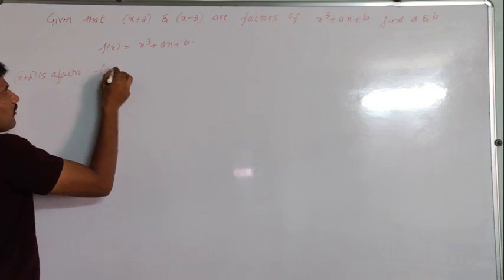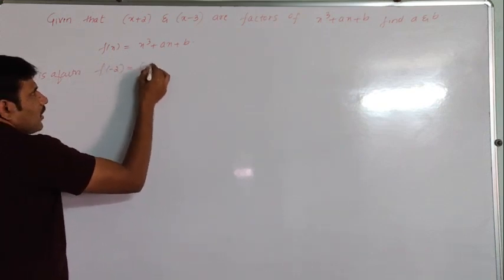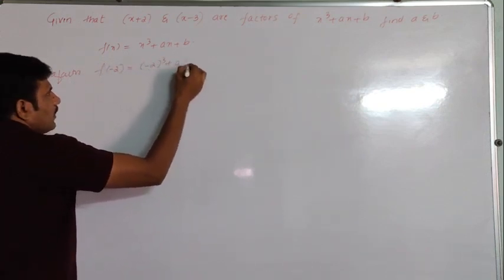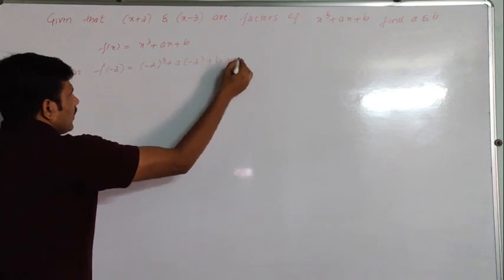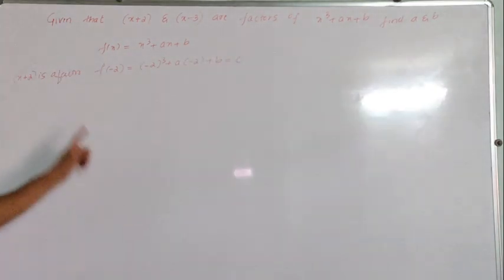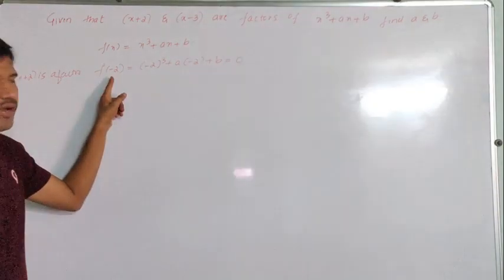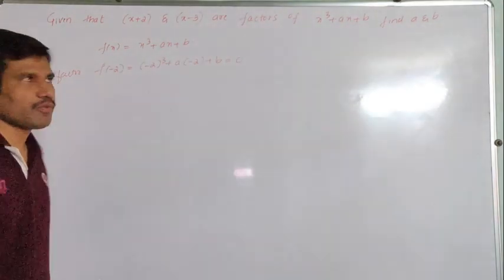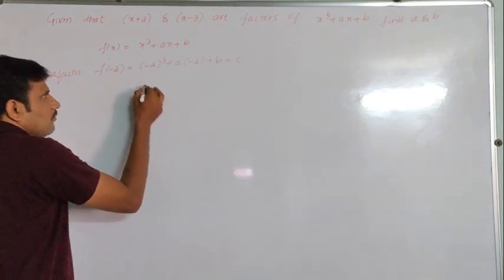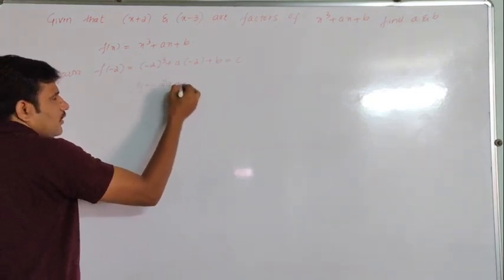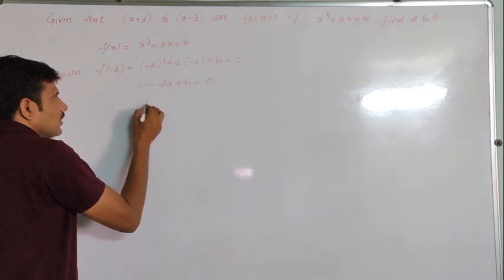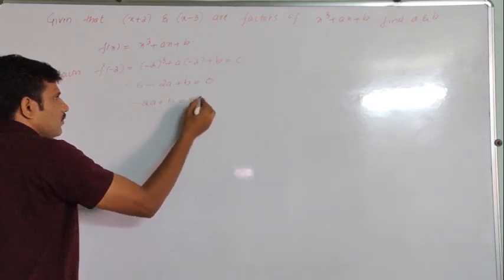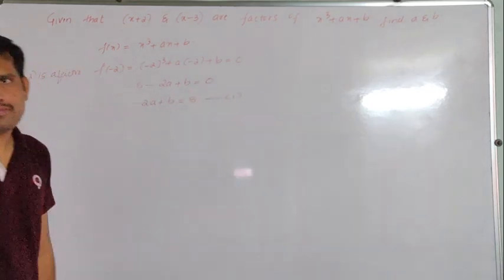It means f(minus 2), that is minus 2 cube plus a into minus 2 plus b, will be 0. So minus 8 minus 2a plus b equal to 0. So that is minus 2a plus b is equal to 8. This is equation number 1.